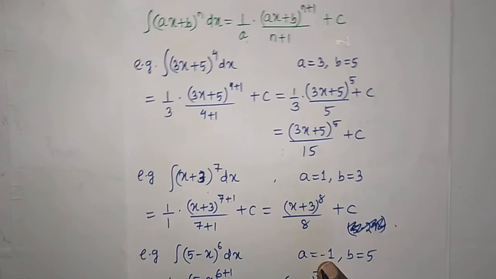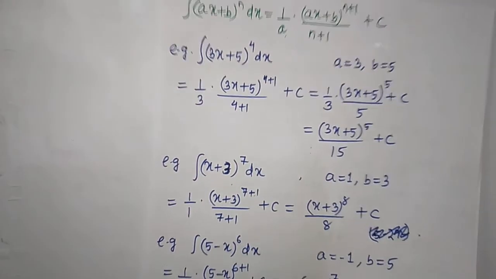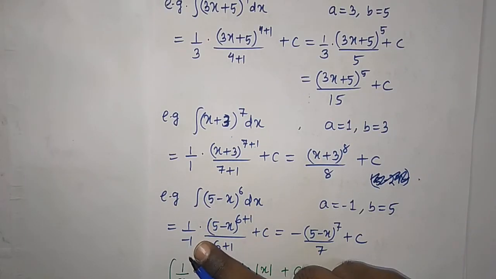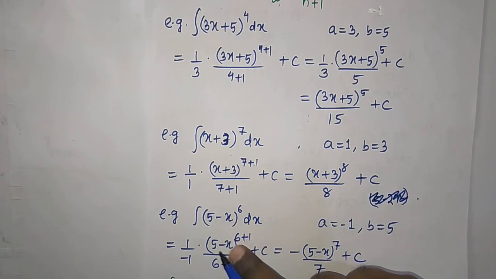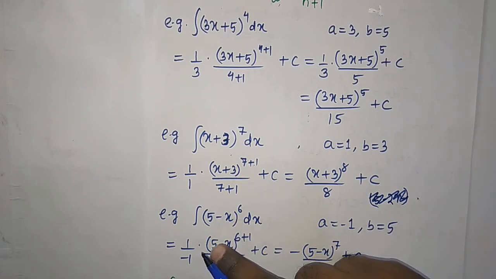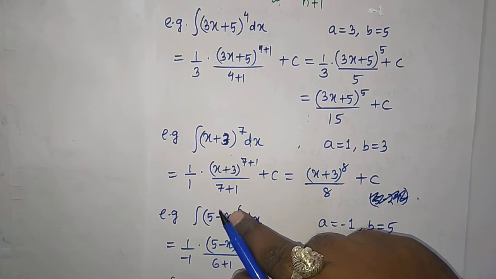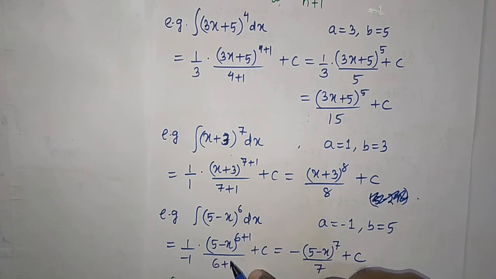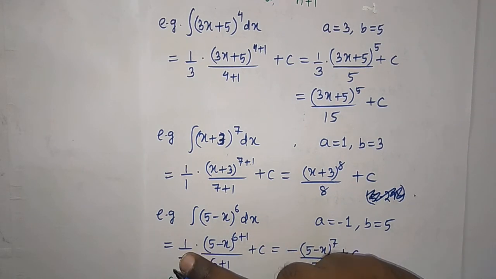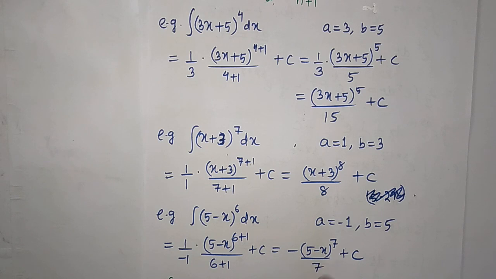So apply the same formula: 1 by a means 1 by minus 1 into 5 minus x to the power 6 plus 1 divided by 6 plus 1, and the answer is 1 by minus 1, which is minus 1. So minus into 5 minus x to the power 7 divided by 7 plus c. Okay, got it? Thank you.